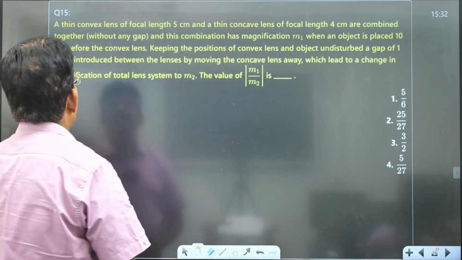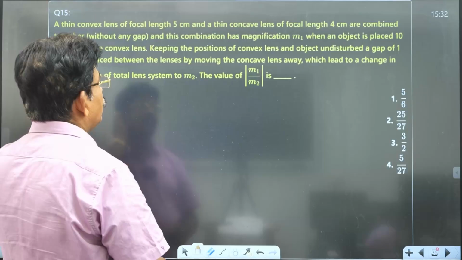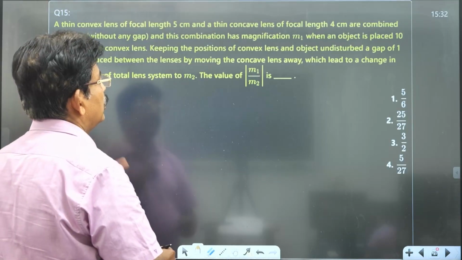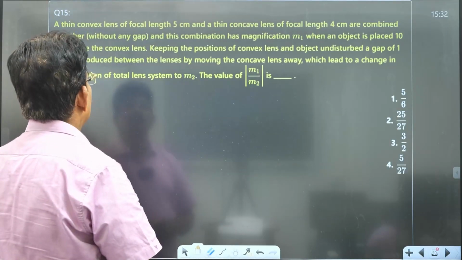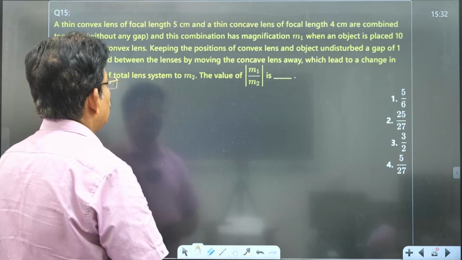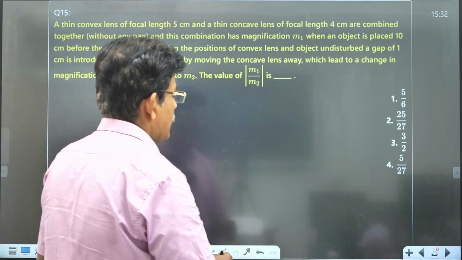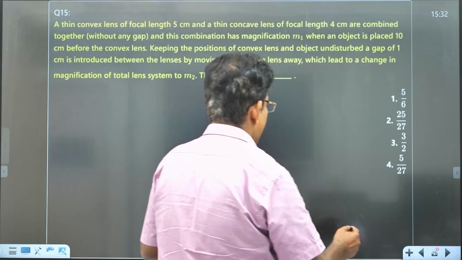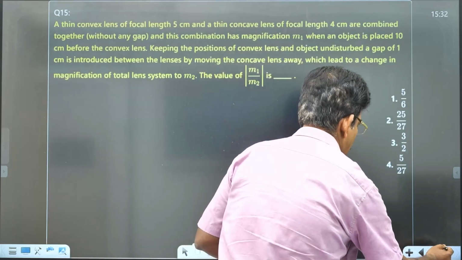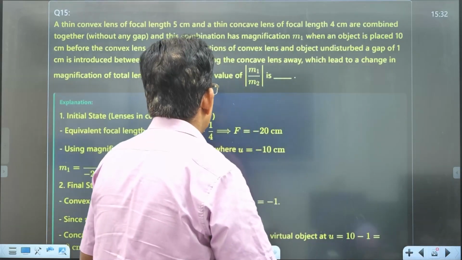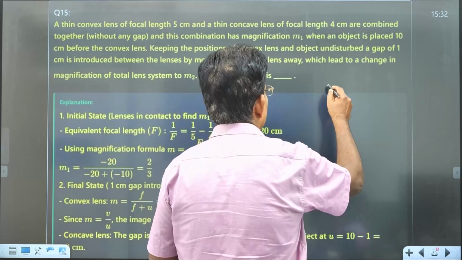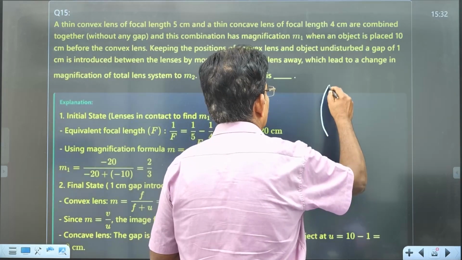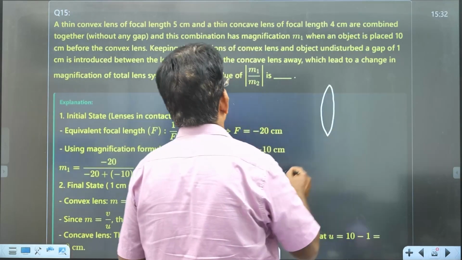Tell me, a thin convex lens of focal length 5 centimeter and a thin concave lens of focal length 4 centimeter are combined together. In the first case, two lenses are kept in contact.